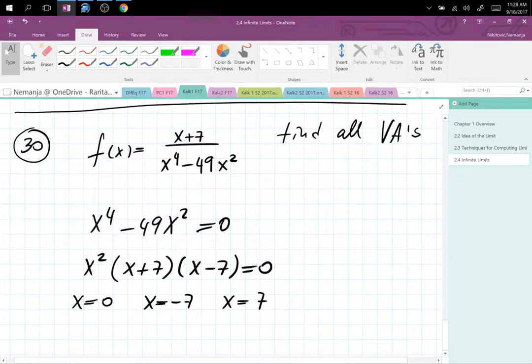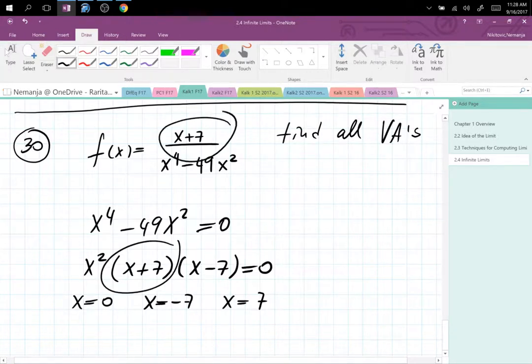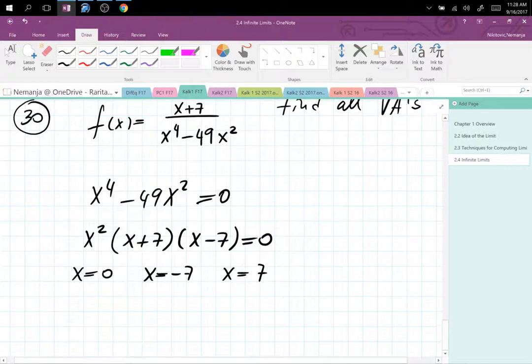Now, when you do enough of these problems, you will see that this factor and that factor cancel, which means that's the one that's not producing an asymptote, the others will. But that's the self-discovery that you get when you do enough problems. So we wouldn't consider that one.